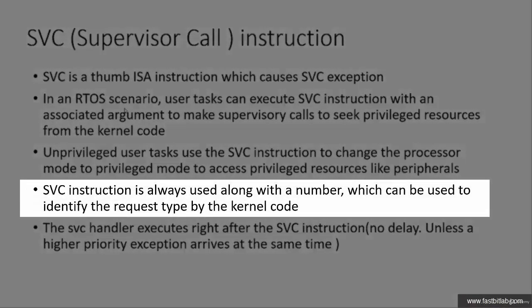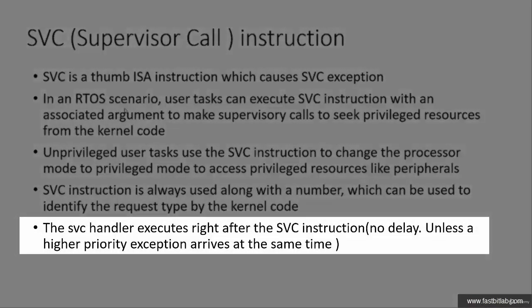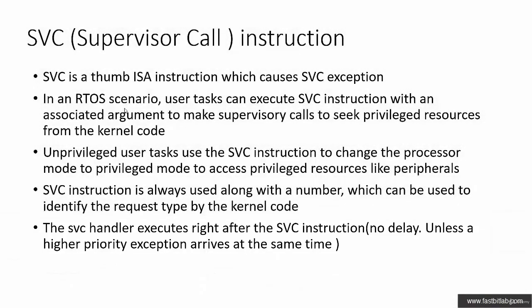SVC instruction is always used along with a number, which we call an SVC number or an SVC argument. That number can be used to identify the request type by the kernel code. So the SVC handler executes right after the SVC instruction is executed. There is no delay in between unless a higher priority exception arrives at the same time.